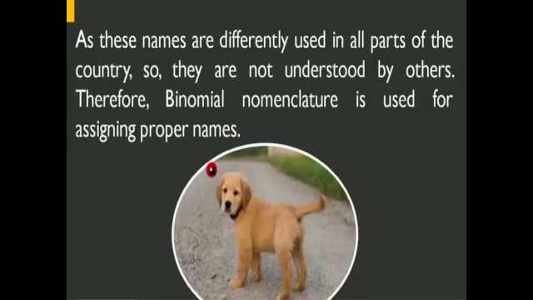Binomial nomenclature is used for assigning proper names to organisms. As you might appreciate, it would be difficult, with people speaking or writing in different languages, to know when they are talking about the same organism.